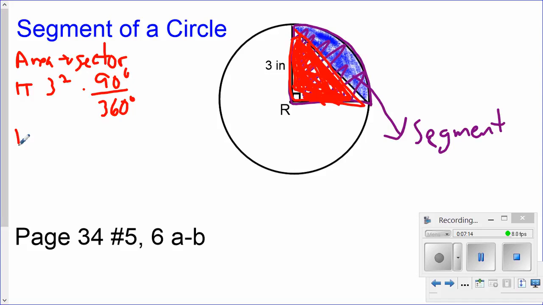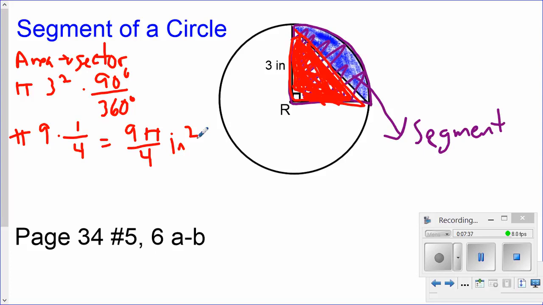So we're getting pi times 9, and 90 divided by 360 is 1/4. So I'm multiplying 9 pi times 1/4 and getting 9 pi over 4. And that is in square inches. So that's the area of the sector.